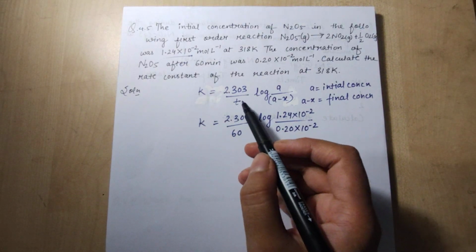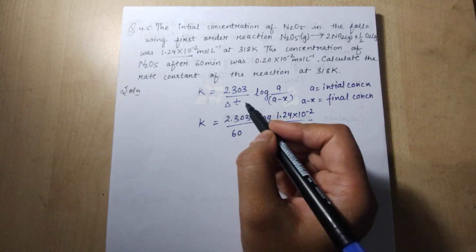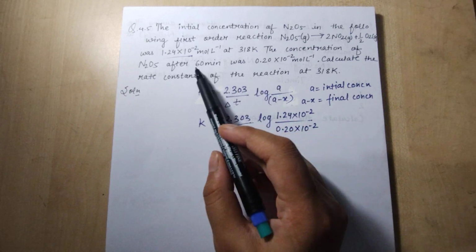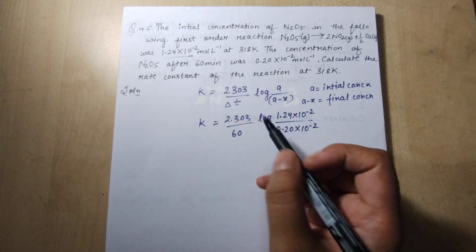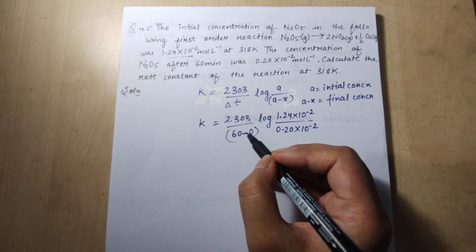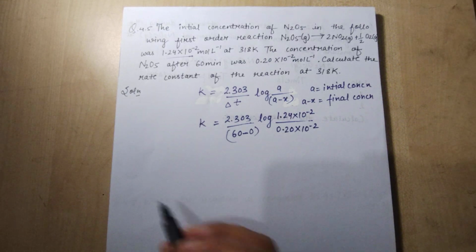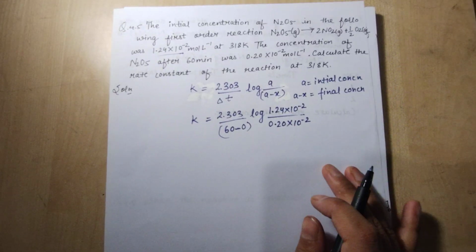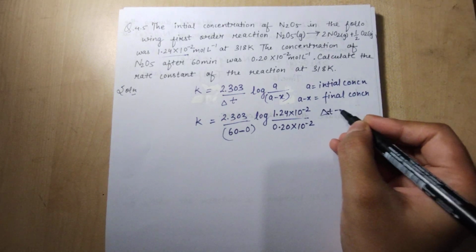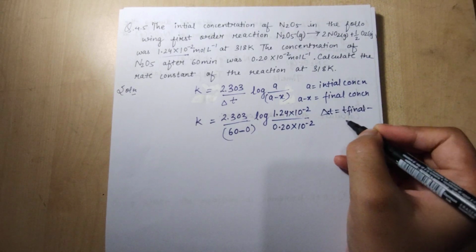And here also delta T is there, that is final minus initial time. So final time is 60 minutes and initial time is 0 minute, so we subtract this. Here you can note delta T is equal to T final minus T initial.